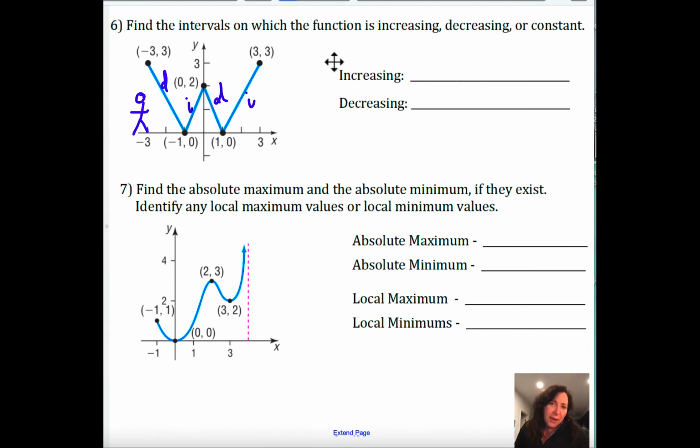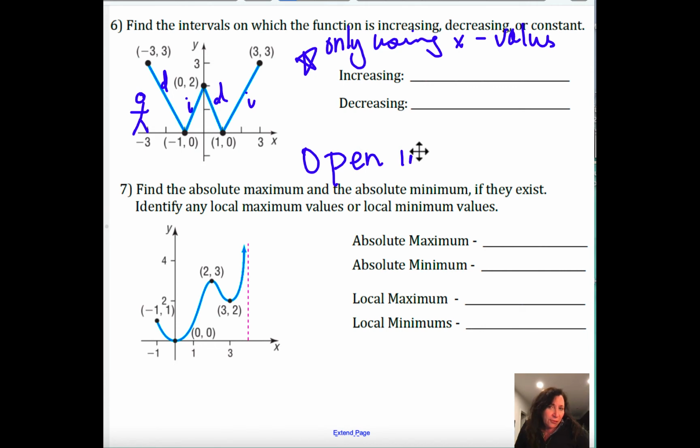So you're going to say this is decreasing, and note to self, you are only using your x coordinates, or values of x. These are over an open interval, meaning you use parentheses, not brackets, for increasing and decreasing. So where is it increasing? It's going from -1 to 0, and comma.